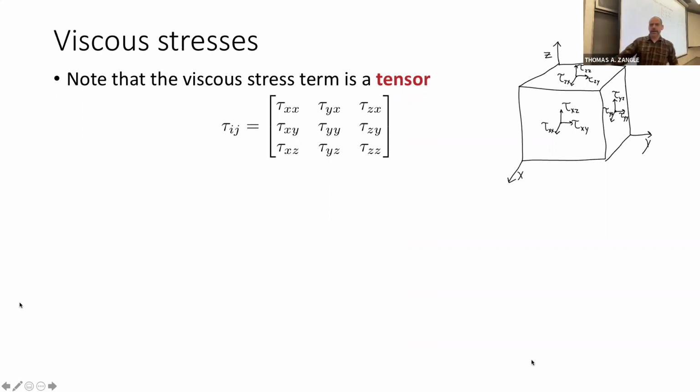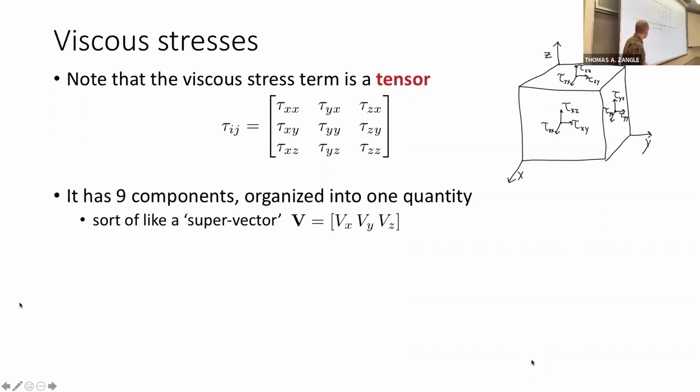So this has 9 components that are organized into one quantity. We have 9 components that we just put into one thing, in this case written out as tau ij. So it's sort of like a super vector. A vector has 3 components. A tensor has 9. Let's look at this tau on the x face.